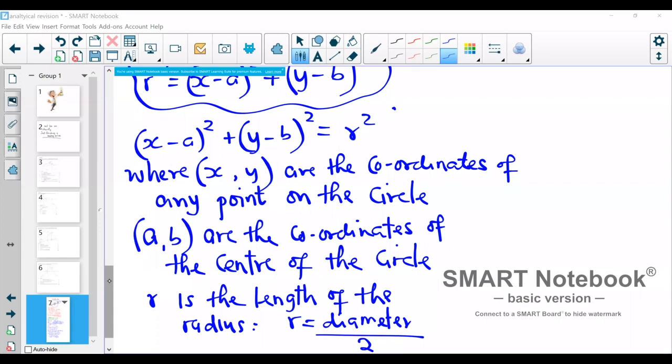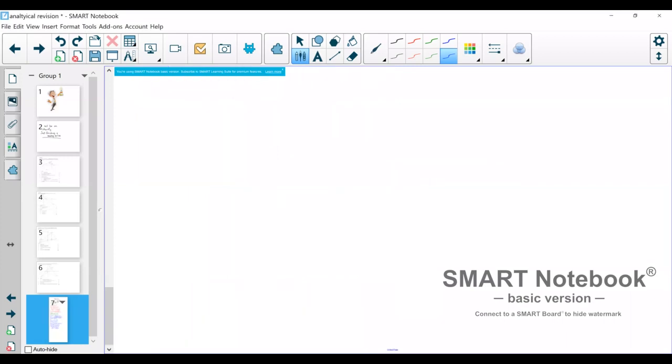What do I need to get the equation of a circle? I'm going to give us the theory of everything first before we look at the question.